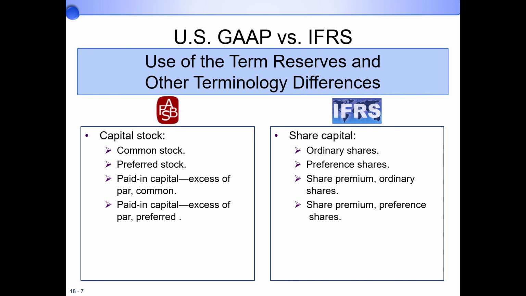In U.S. GAAP we call it common stock, and they call it ordinary shares. We call it preferred stock, they call it preference shares. And the accumulated other comprehensive income, they call reserves. So it's just different terminology, but the idea is very similar.